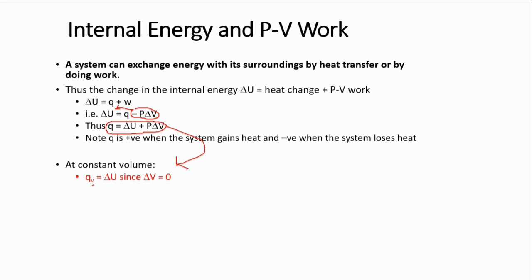Let me see if I can show you. So we said that Q is equal to delta U plus P delta V. Clearly, if delta V is 0, then 0 times P is equal to 0.